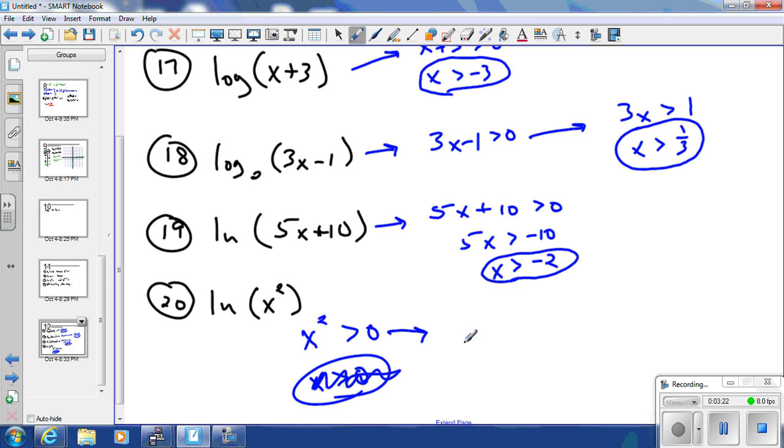So here, x can equal anything except for one value. X cannot equal 0. Anything other than that, you'll be okay. But if x is 0, 0 squared equals 0, it will not give you something greater than 0. But say if x is negative 2 squared, if you do it right, negative 2 times negative 2 is positive 4. That takes care of that.